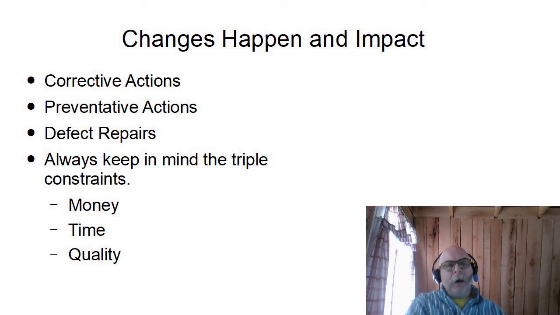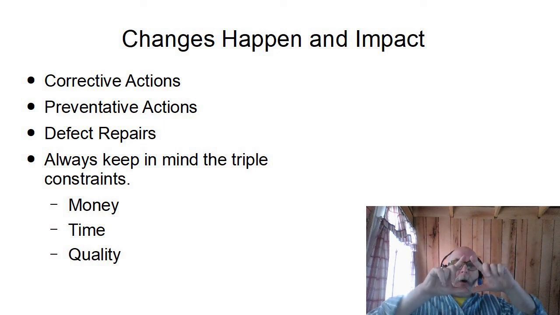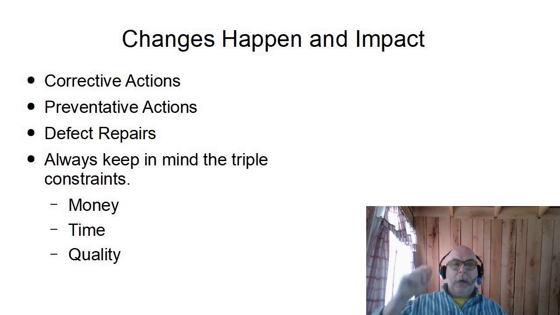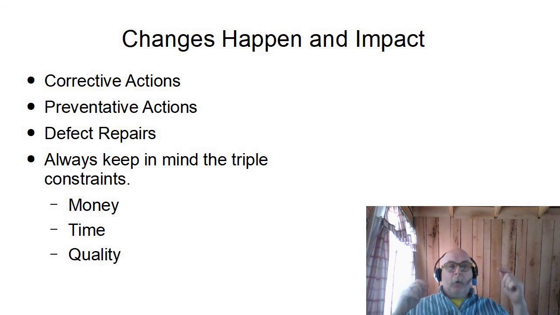Always, though, keep in mind the triple constraints of money, time, and quality. And usually I see them drawn as a triangle with money and time and quality either being the three nodes of the triangle or the three legs of the triangle. Because if we adjust the money, we increase the money, decrease the money, it's going to affect the time and the quality of the project.